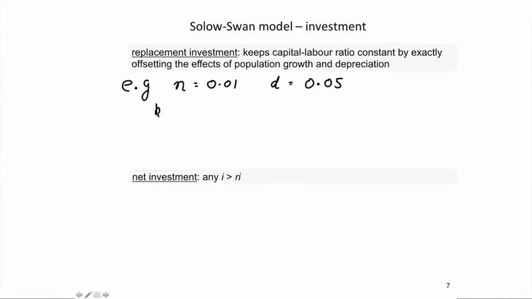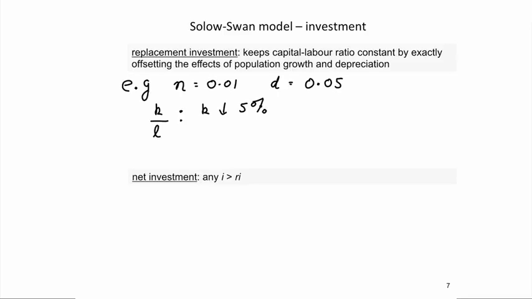What do these two factors, population growth and depreciation, imply for the capital-labour ratio? Well, let's do it this way. Depreciation means over this particular time period we can expect the capital stock to diminish by 5%.